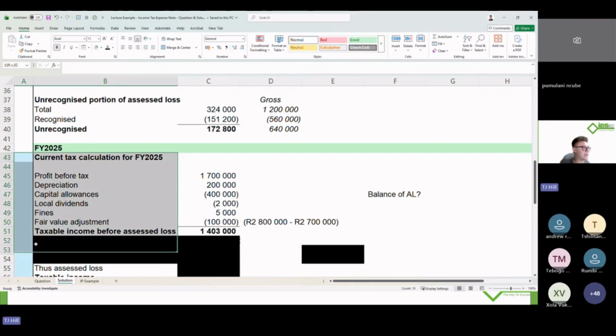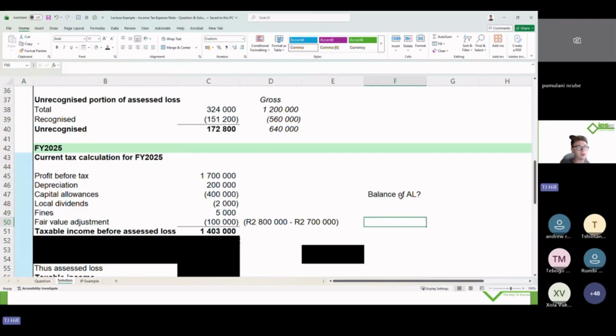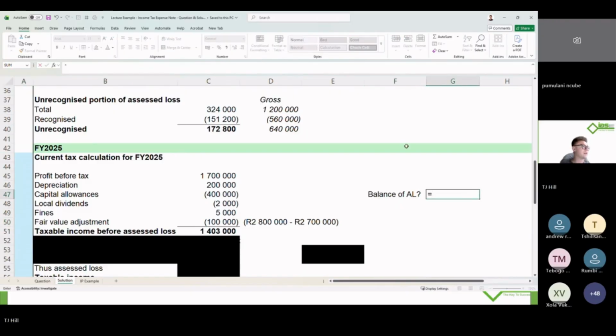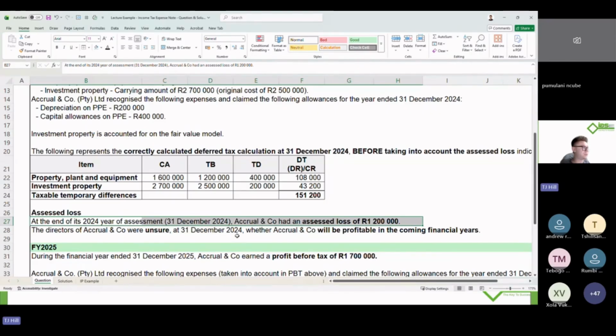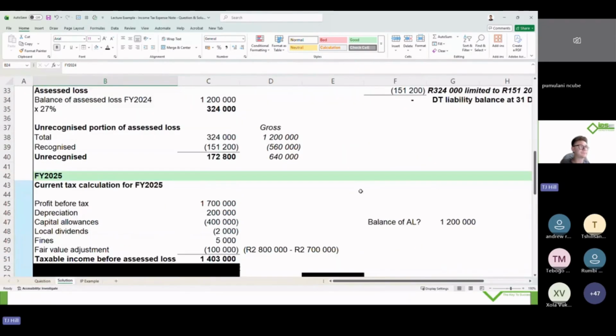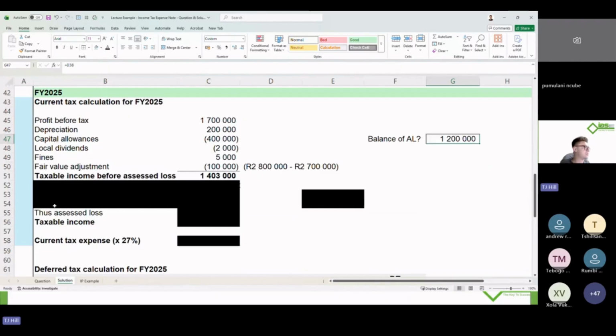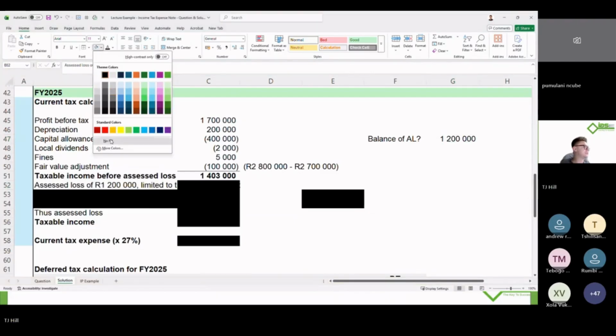This is all still tax. So SARS last left you and you last left them. When you finished your calculation for 2024, your final answer was 1.2. Do you agree? So that's what we're going to consider here.